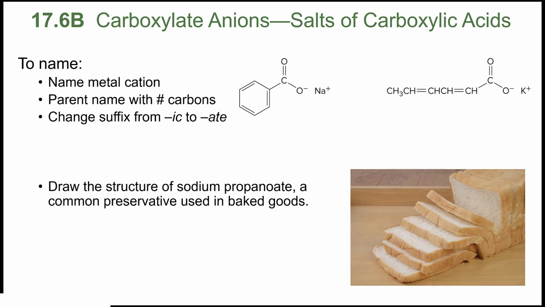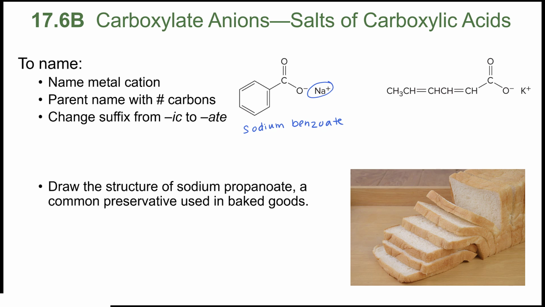So to name carboxylate anions, we name the metal ion, then the parent name with the number of carbons, and we change the ic ending to ate. So kind of like esters, except instead of the alkyl group, we use this ion. So this is sodium benzoate. If you're looking at some of your food labels, you may actually see sodium benzoate used as an ingredient.